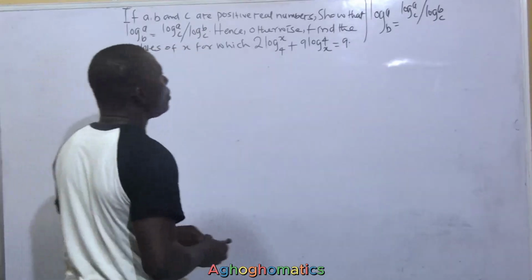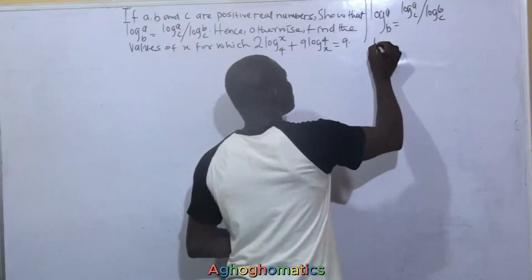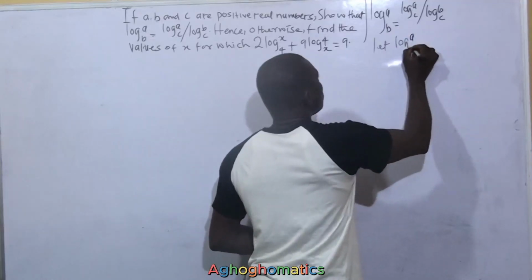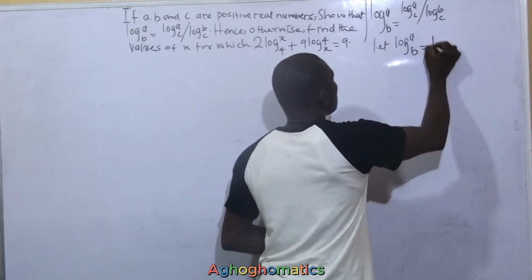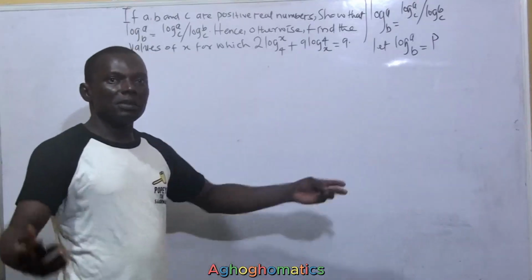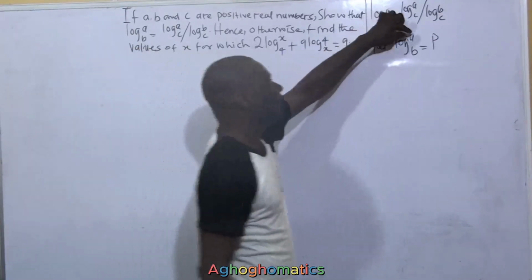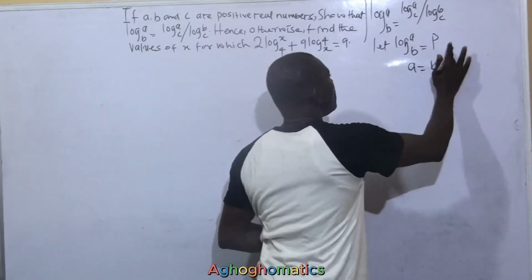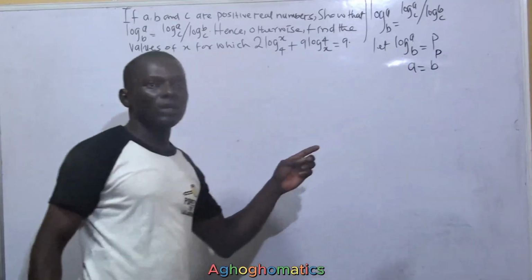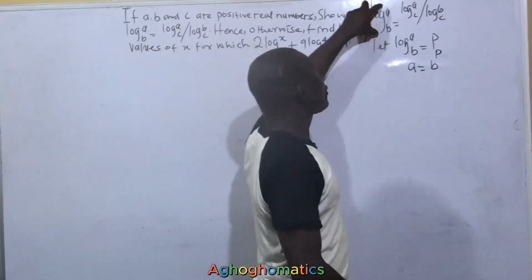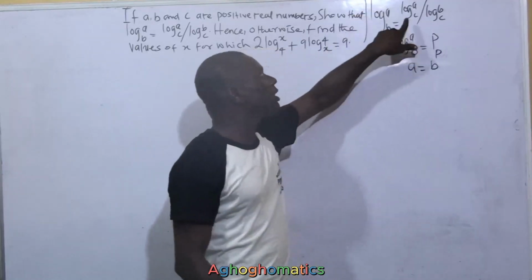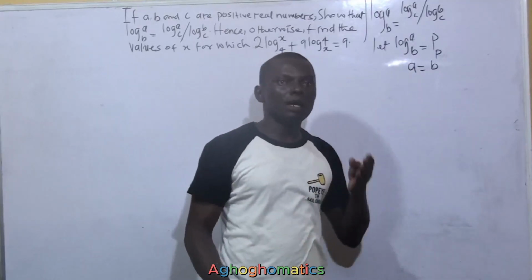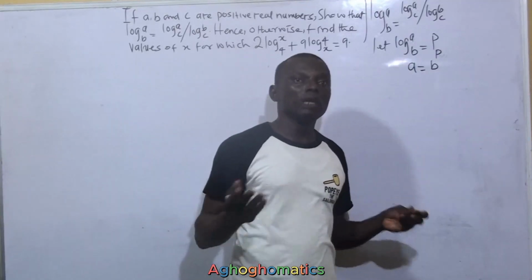So we use that to establish the facts. The first thing we need to do is to say let log A to base B be equal to, say, another letter P. From definition, A is simply B raised to the power of P. So we are trying to see how we transform log A to base B so that it becomes log A to base C over log B to base C. We are making use of the change of base in logarithm.